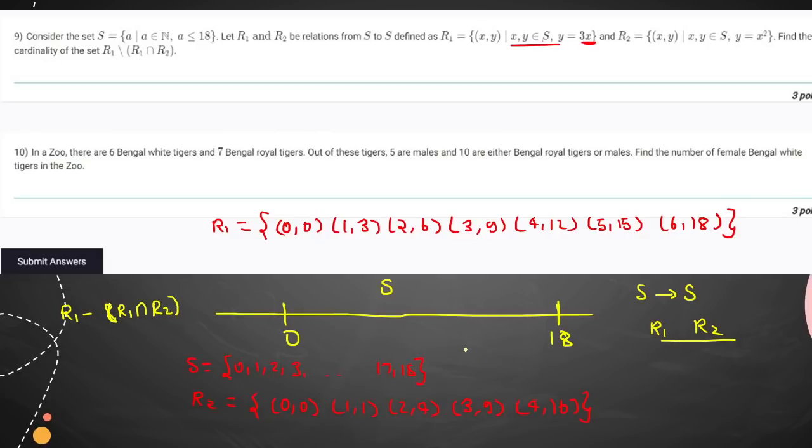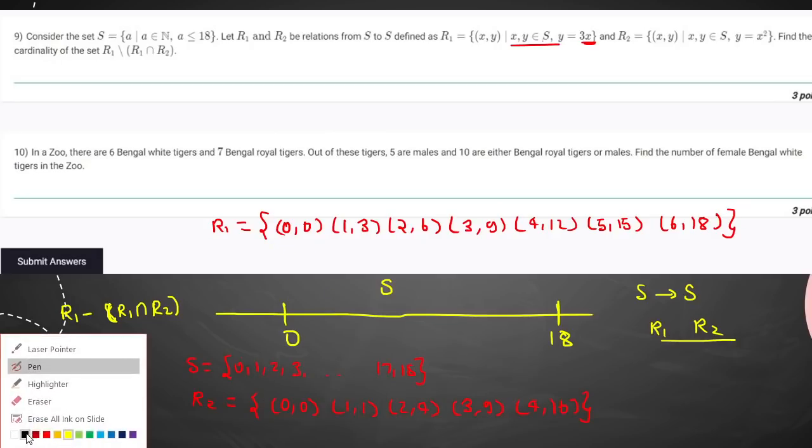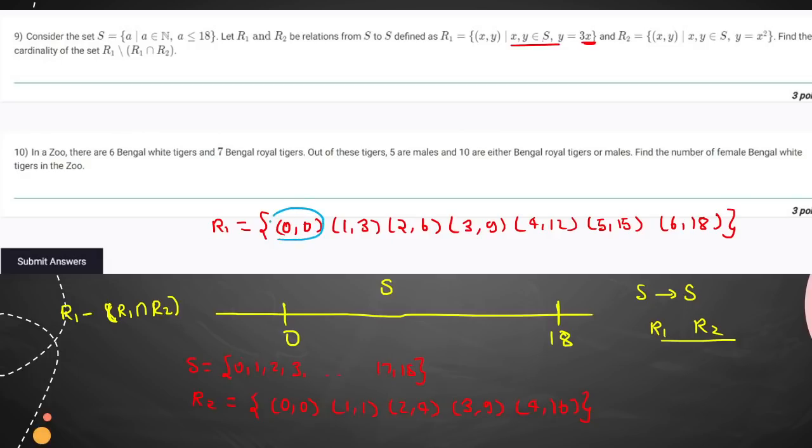R1 intersection R2 will contain 0 comma 0 and 3 comma 9. Is there any element like 4 comma 16? No. So R1 intersection R2 will contain only two elements, 0 comma 0 and 3 comma 9.